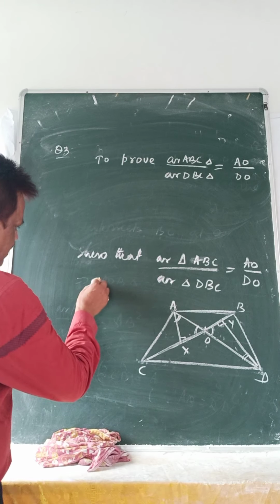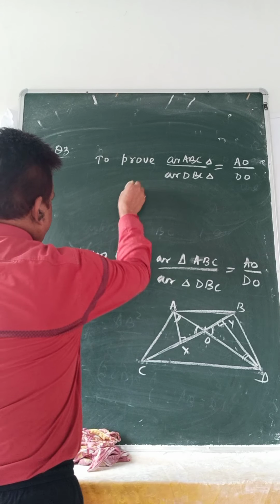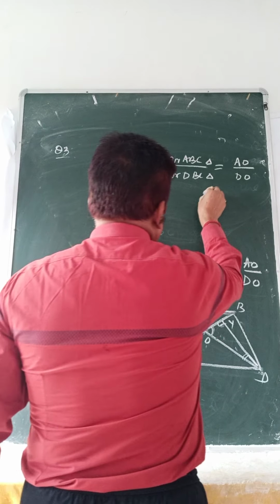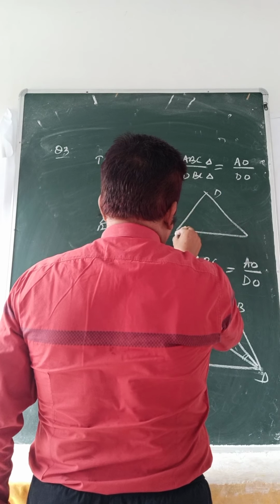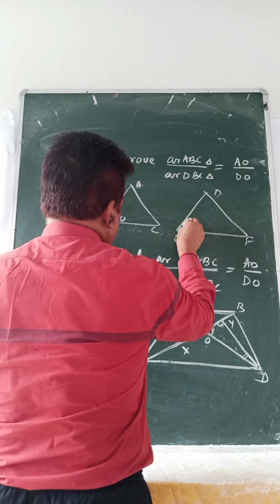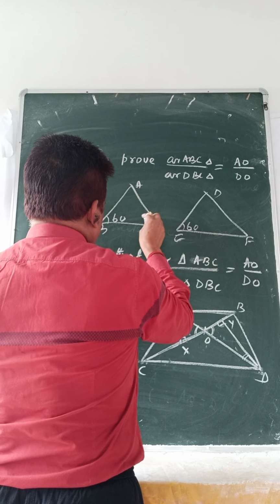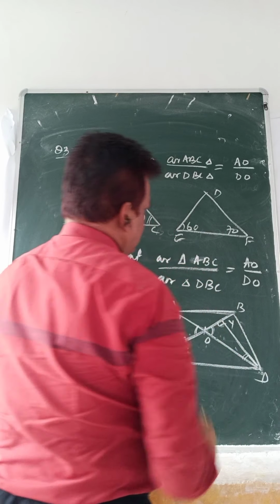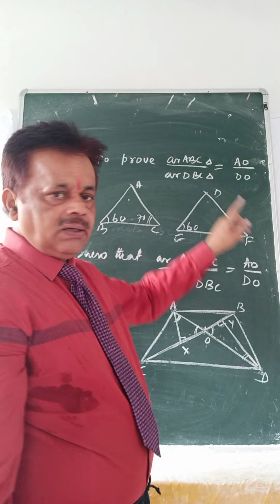In a triangle, look here, I will show you. ABC, DEF. So this is 60, this is 60. This is suppose 70, this is 70. Can you say these two angles are equal or not?